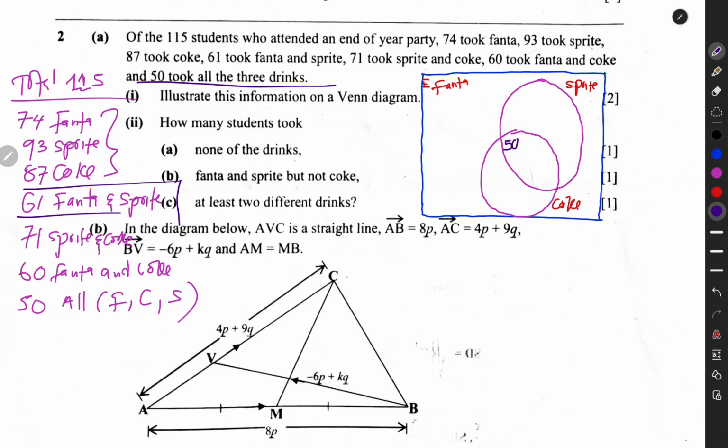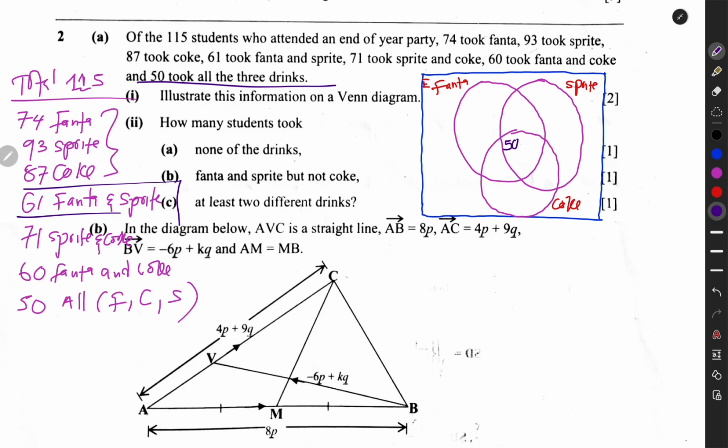So the total here should be how many? Let me just try to redraw this. The total should be 61 for that intersection. We already have 50 here, so the remaining part you just subtract.